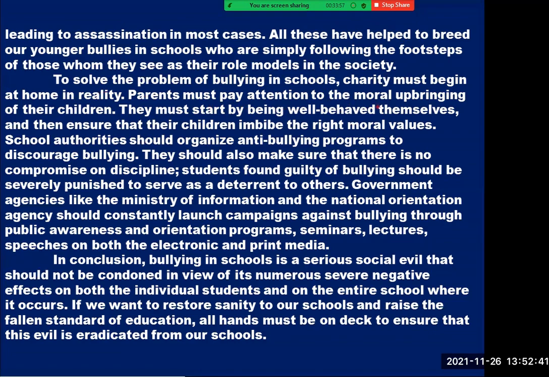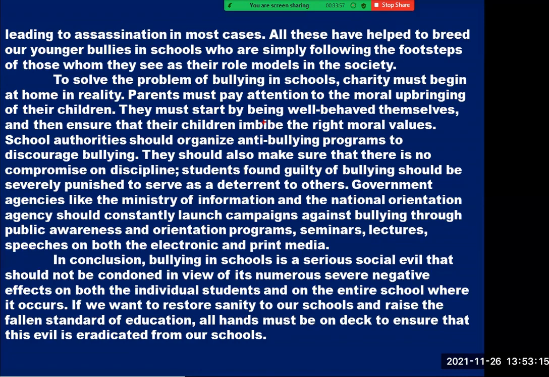Parents must pay attention to the moral upbringing of their children. They must start by being well-behaved themselves and then ensure that their children imbibe the right moral values. You see, you have taken the first factor responsible and you have provided a solution to it. You started this composition by saying that some parents' inability to control their children is the reason why we have bullying in schools.